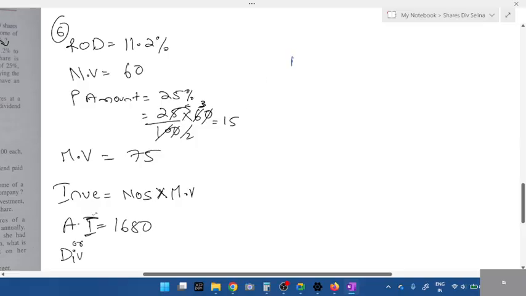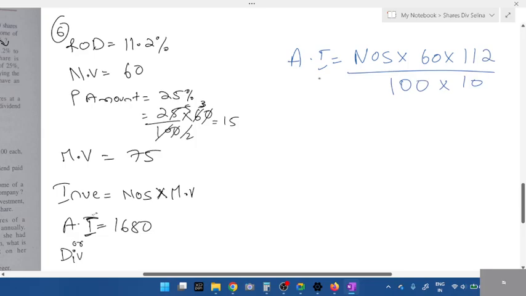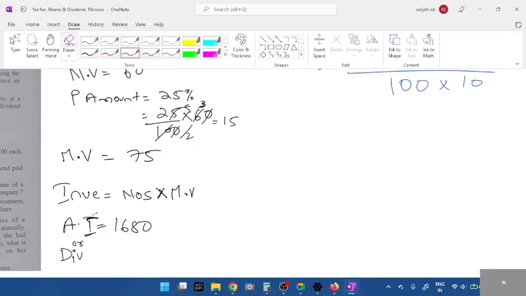So annual income. Let me use annual income is equal to number of shares into nominal value 60 into rate of dividend 11.2, write it as 112 by 10. Annual income is 1680.